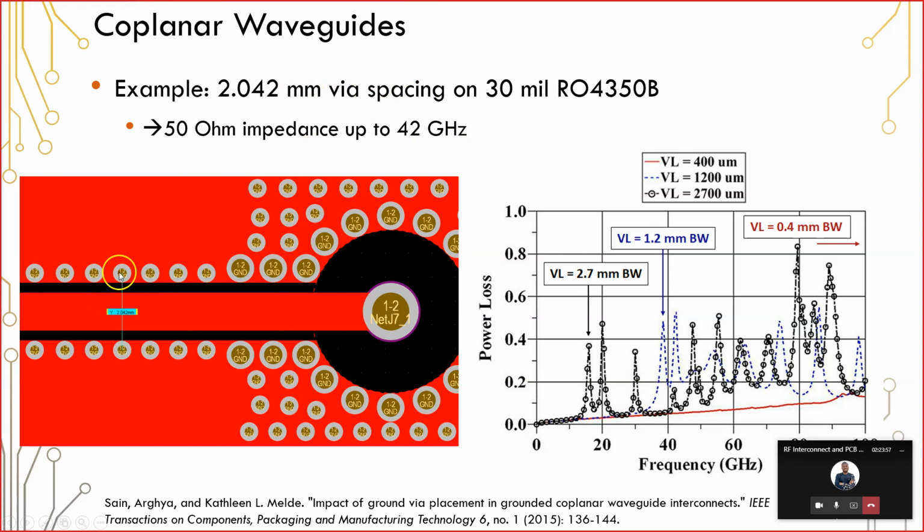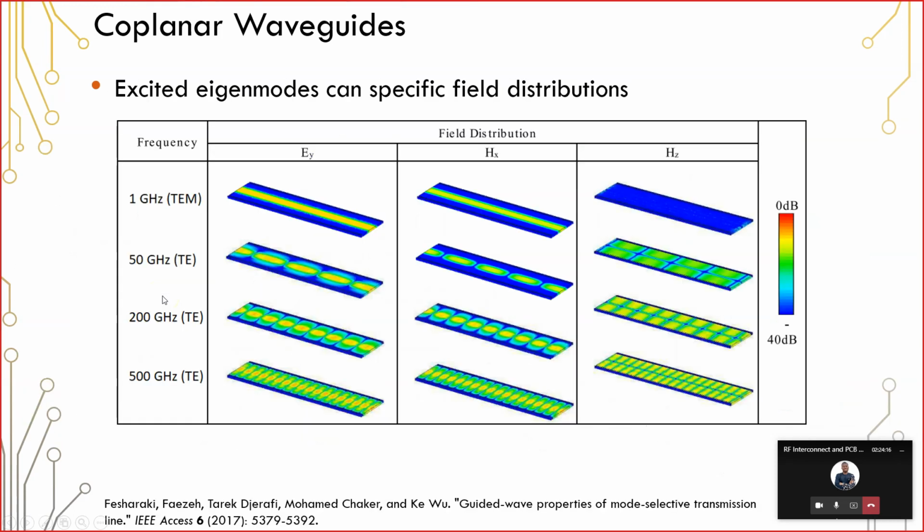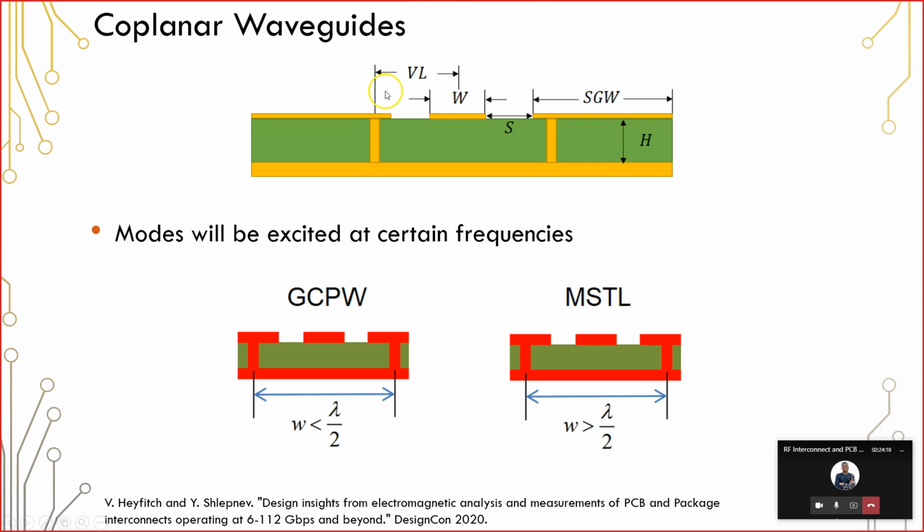Now, if we look at the via spacing along the edges of the structure, at 2.042, you can calculate that you will get reliable 50 ohm impedance up to about 42 gigahertz. Okay, so in this example, 2.042 millimeters is about double VL, so it's essentially this width.